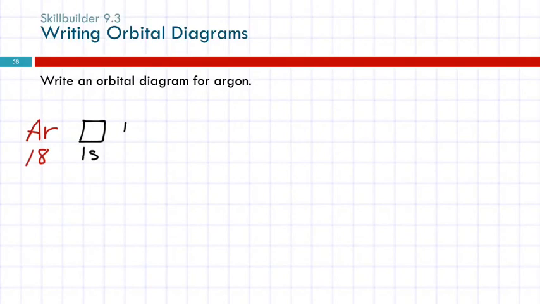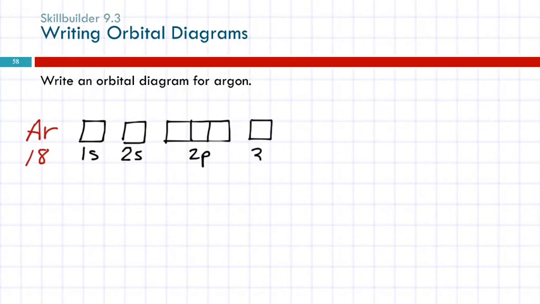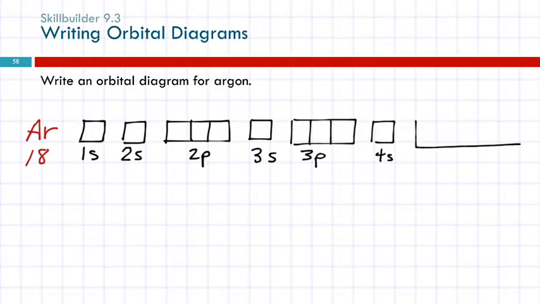So 1s, 2s, 2p, and after that comes 3s, and 3p, and next would come 4s, and after that would be 3d. I know I'm drawing more than we need.